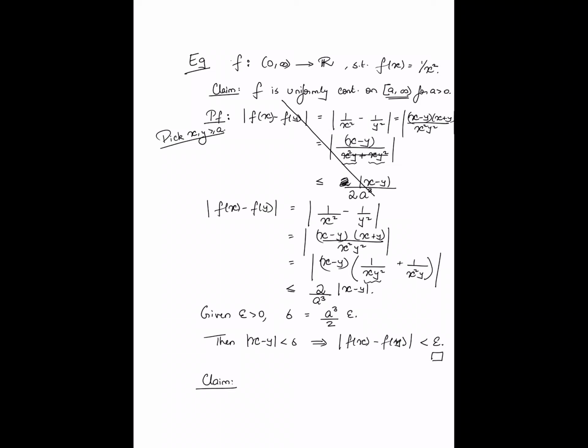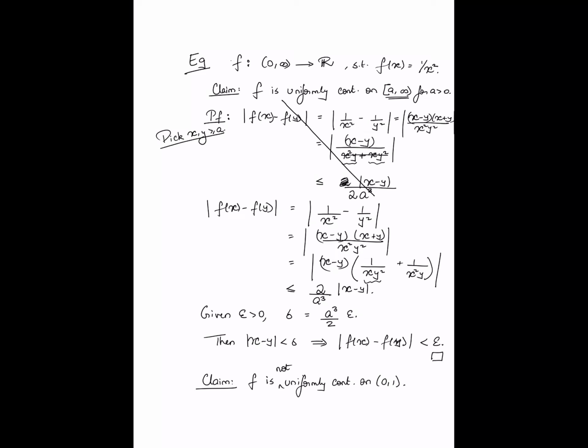The same function f is not uniformly continuous on, for example, an open interval of the form 0 to 1. For example, from 1 to infinity, this function is uniformly continuous, but from 0 to 1, it is not. Now let us see how one would go about showing this.